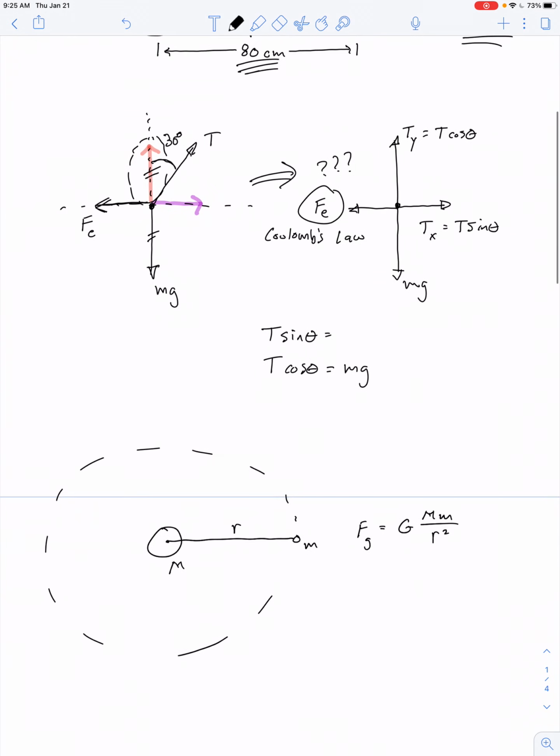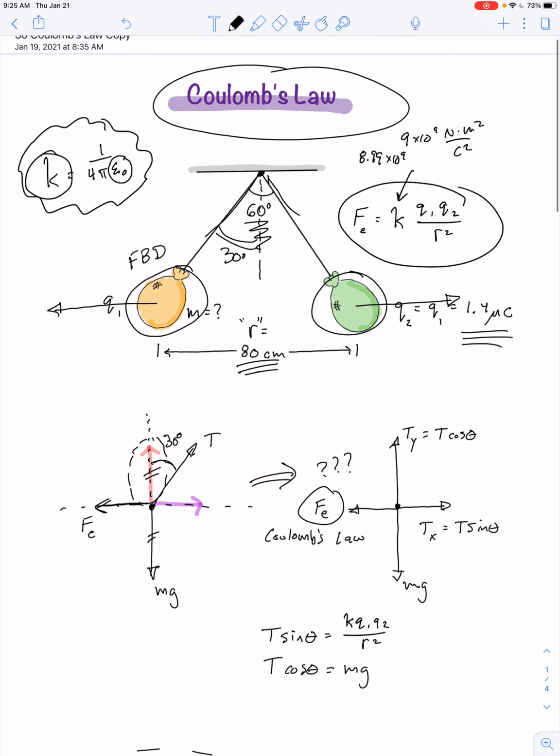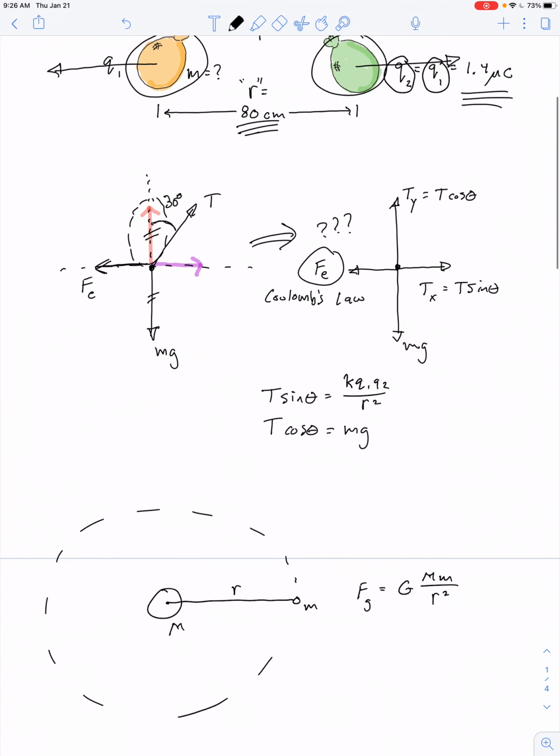Okay, so T sine theta then is equal to k q1 q2 over r squared. However, in this example problem, we've chosen to let q1 and q2 be equal to one another, so we could change this to k q squared, right? q1 times q2 is just q times q, q squared, divided by r squared.